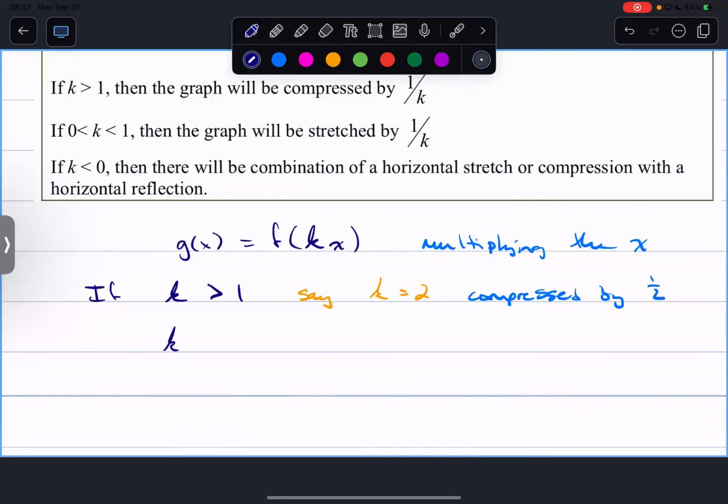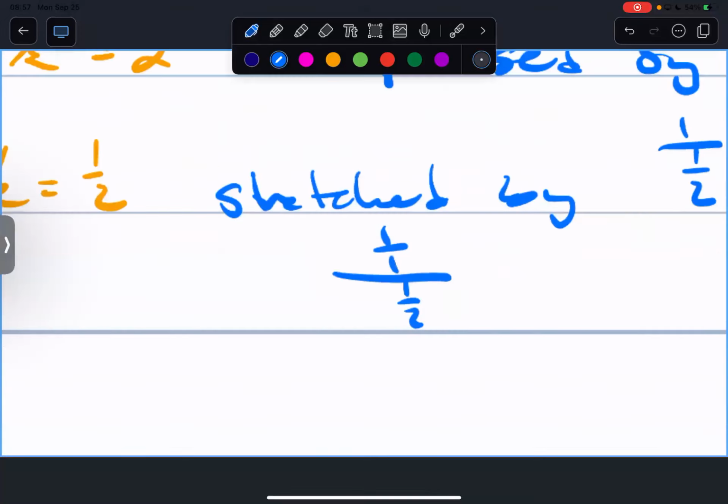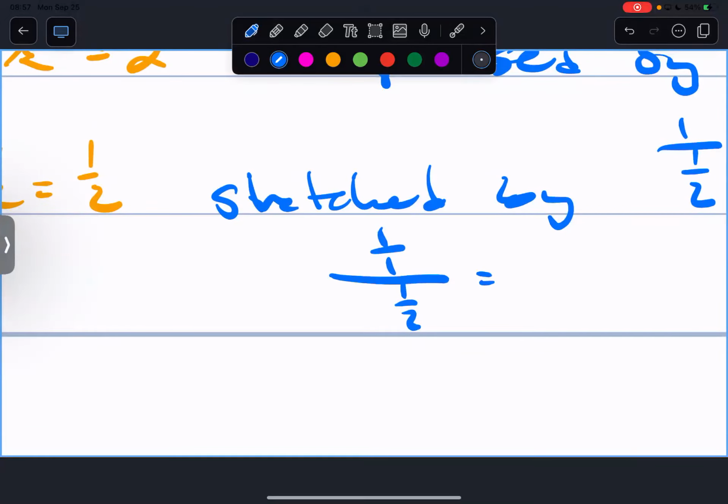The one I wanted to focus on was if k is between 0 and 1, say k is 1/2, then it's going to be stretched by 1 over 1/2. 1 I can write as a fraction as 1/1 divided by 1/2, only because I've got a page break here. 1/1 divided by 1/2.